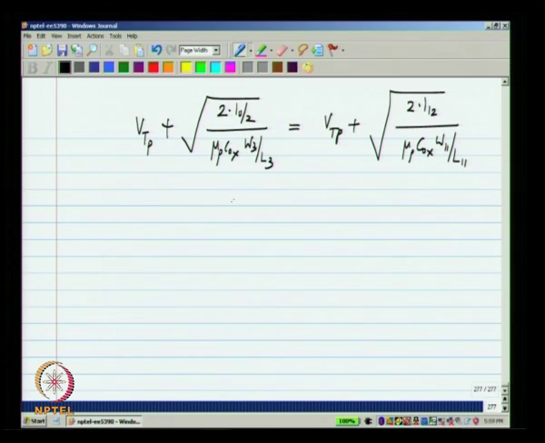What this means is, of course, I0 by 2 divided by W3 by L3 equals I12 divided by W11 by L11.